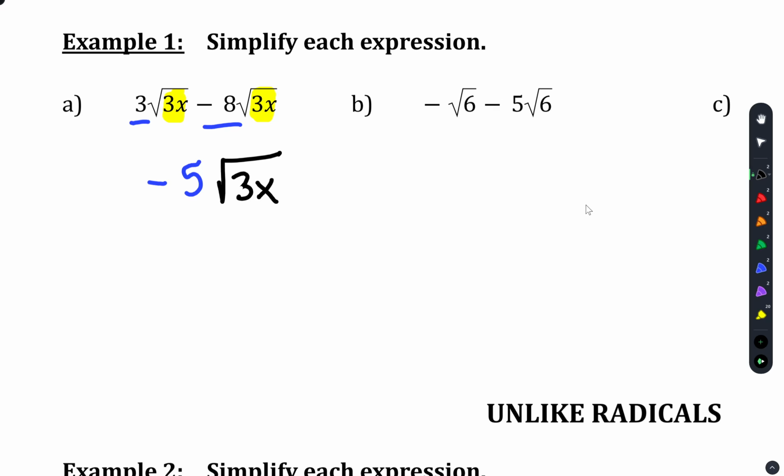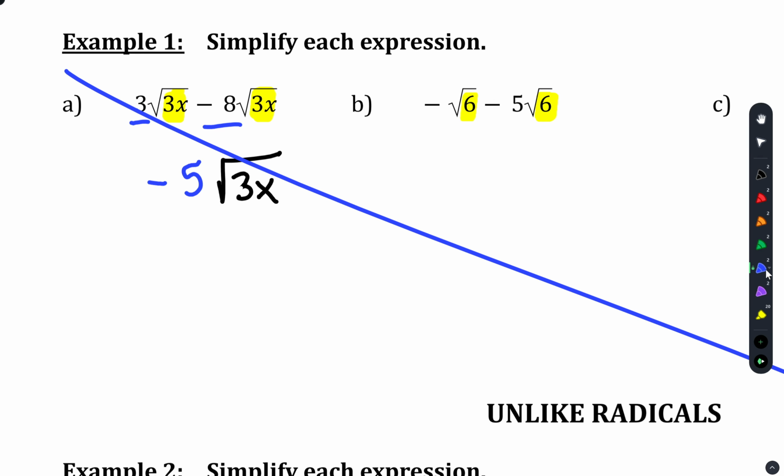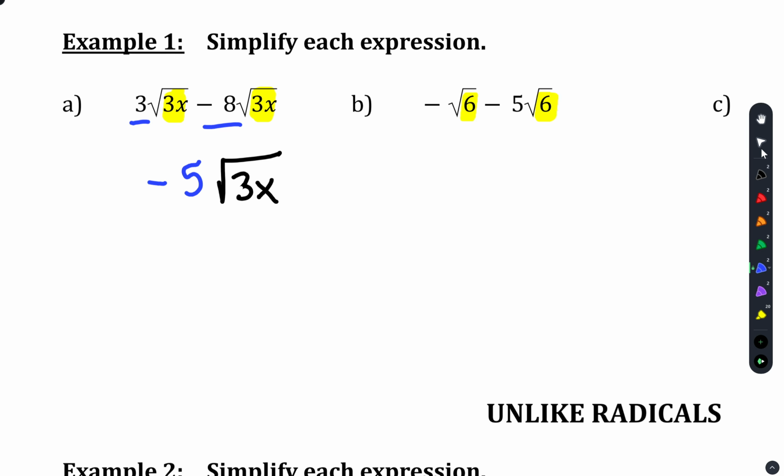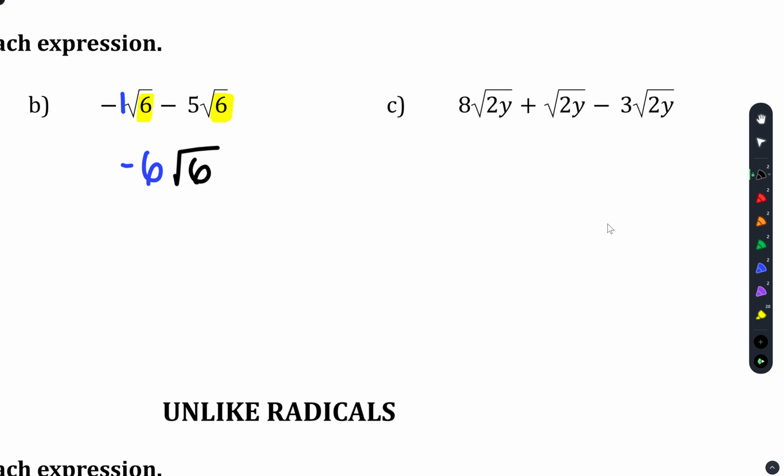Take a look at B. Are the radicands the exact same? Yes, so let's add them together. What's the number that's in front of that first radicand? It's like a negative 1, so let's put a negative 1 in there. Negative 1 minus 5 is negative 6, and that radicand is not changing. It's still radical 6. Fantastic. In letter C, are all 3 of those radicands the same?